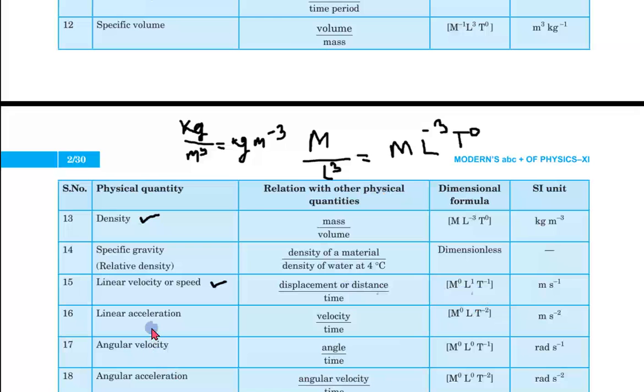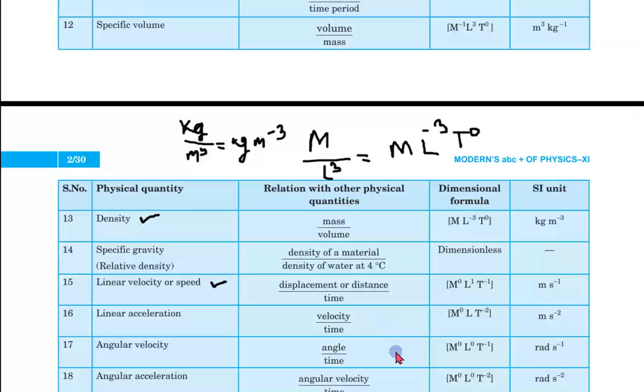So acceleration means velocity by time, or change in velocity by time, or how much the velocity of a body increases in 1 second due to acceleration.